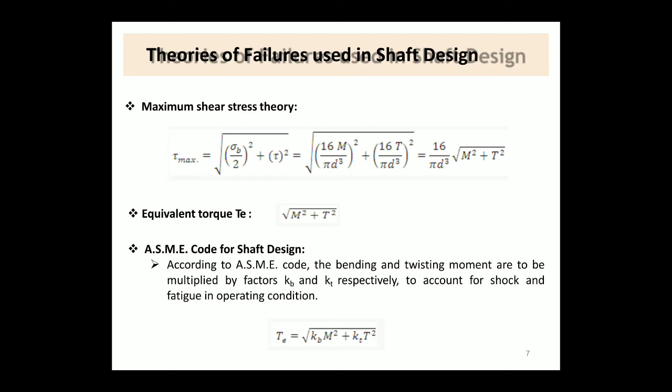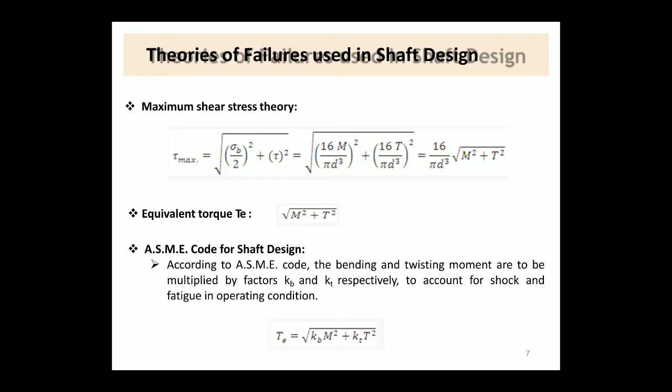The ASME, that is the American Society of Mechanical Engineers, established a code for designing transmission shafts. This code is used for the design of shafts subjected to axial, bending and torque loads. This theory is based on design for maximum shear.